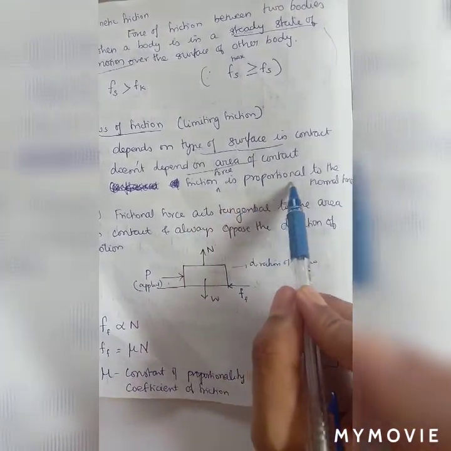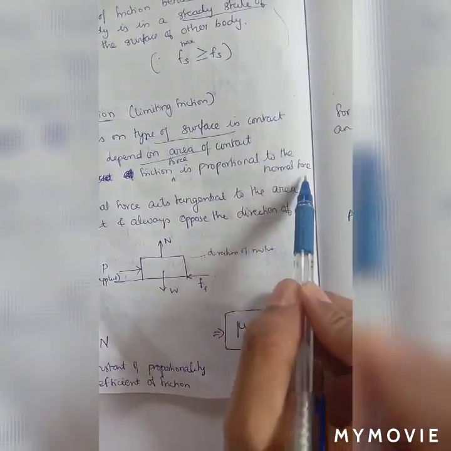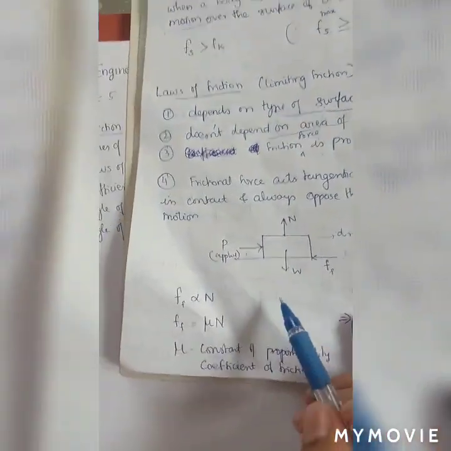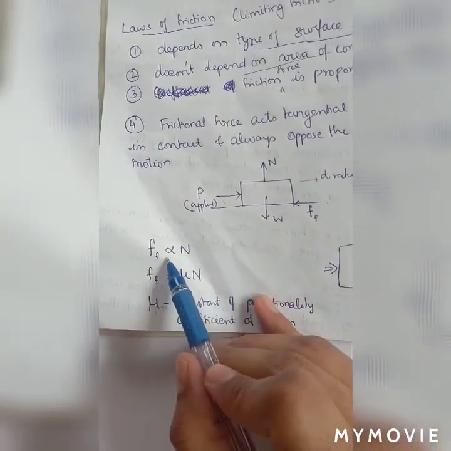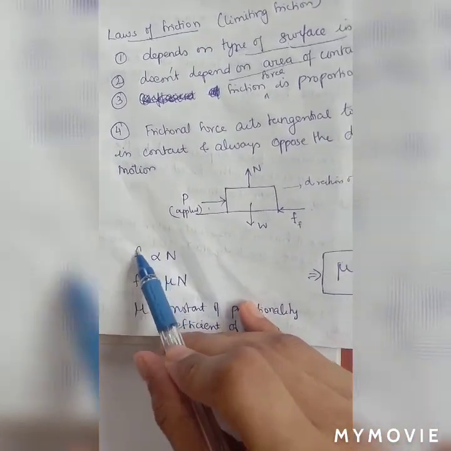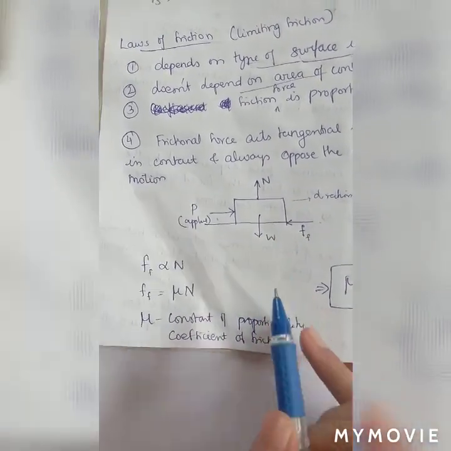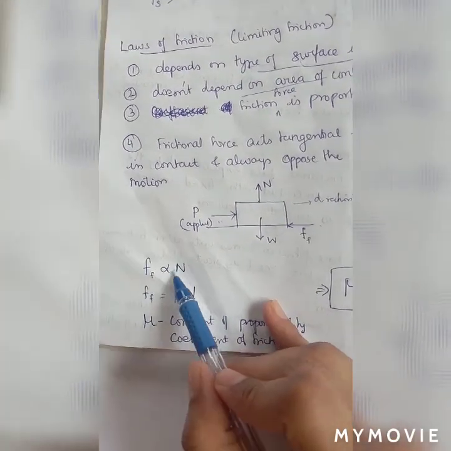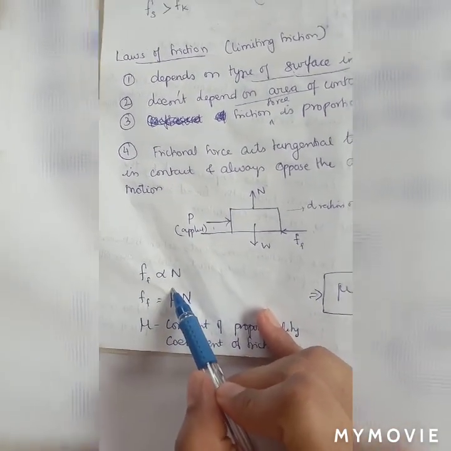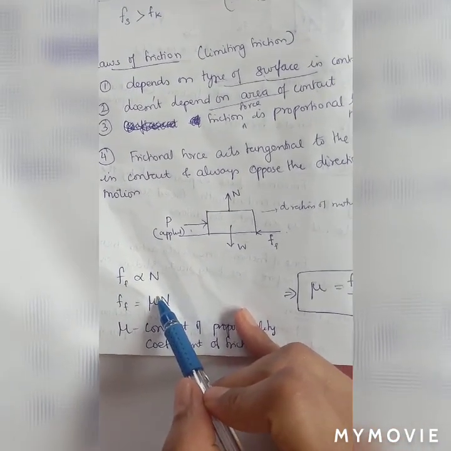The frictional force is proportional to your normal force, right? So that is what I have written over here, where Ff is your frictional force, which is directly proportional to the normal force developed by the object. To remove the proportionality, we give some constant, which is called the constant of proportionality.